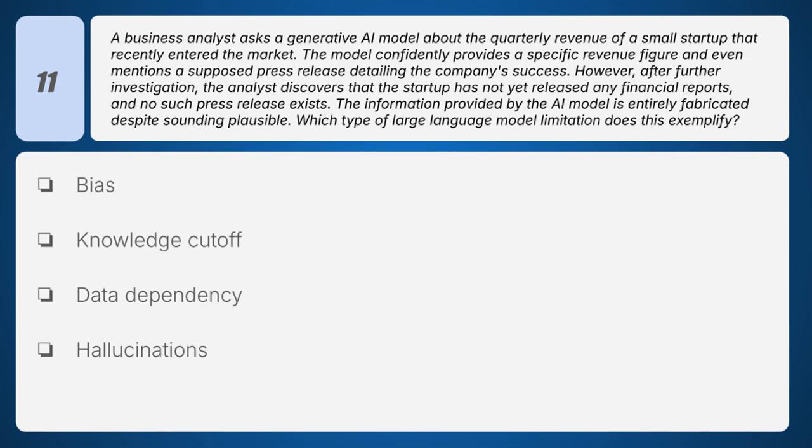The information provided by the AI model is entirely fabricated despite sounding plausible. Which type of large language model limitation does this exemplify? A. Bias. B. Knowledge cutoff. C. Data dependency. D. Hallucinations.